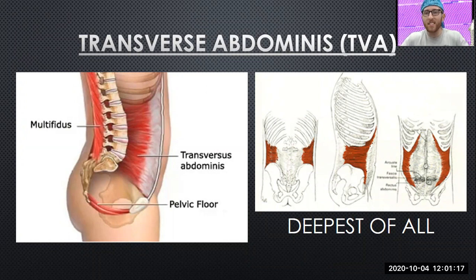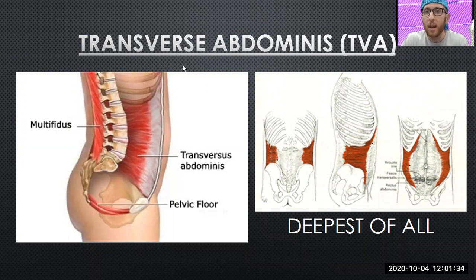So imagine this is like a belt surrounding your midsection, your abdominal section, and holding everything in place. If you're out of alignment, then that can cause a lot of issues for the spinal cord.